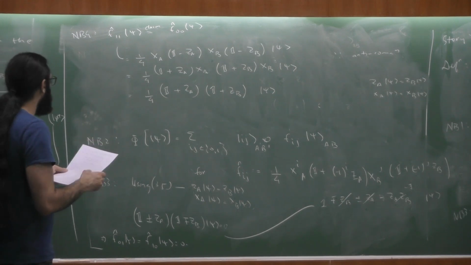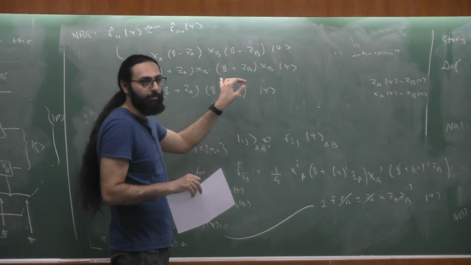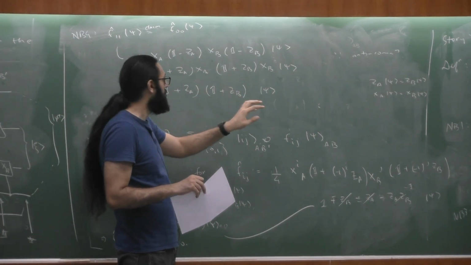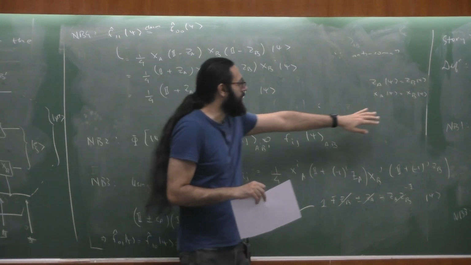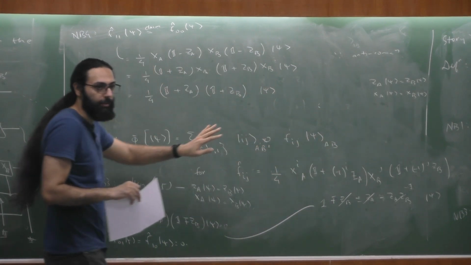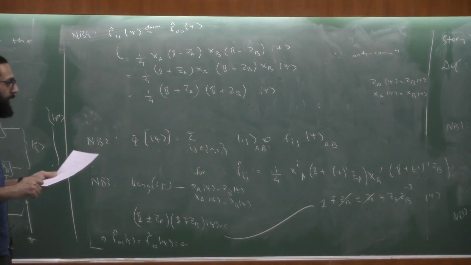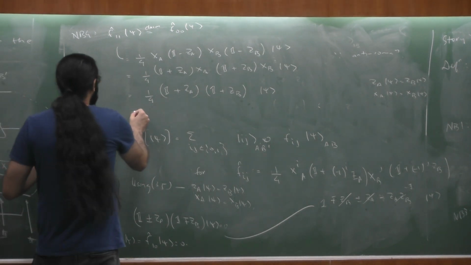Right. So XA and ZB act on different systems, so you can commute them past, and then XA XB, because of the unitarity of XA XB, this will vanish. So you'll get this last term. Right. Good.